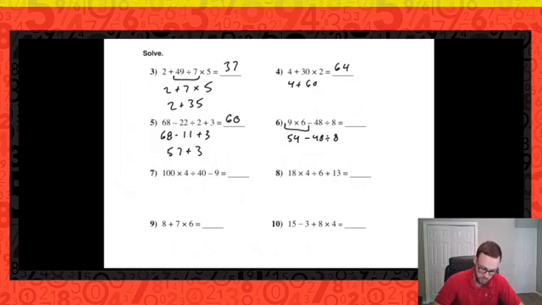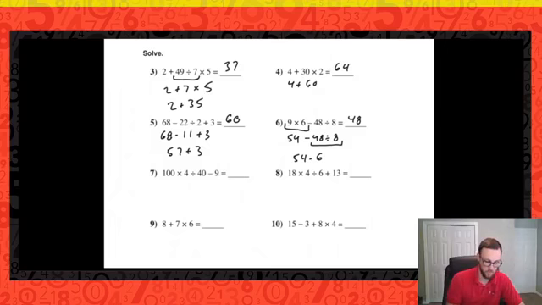The next thing I need to do is my division. 48 divided by 8 is what? 48 divided by 8. Very good. 6. So now I have 54 minus 6, which is 48. Nice job.